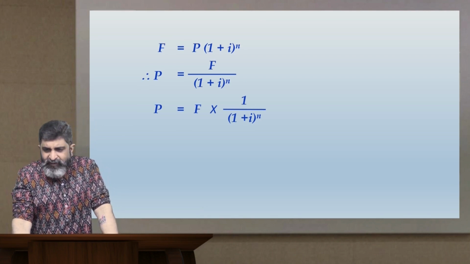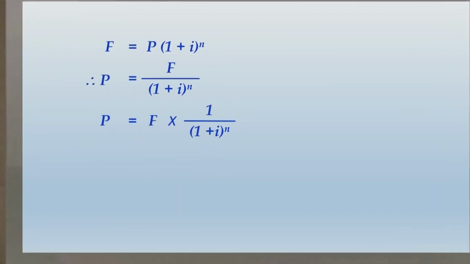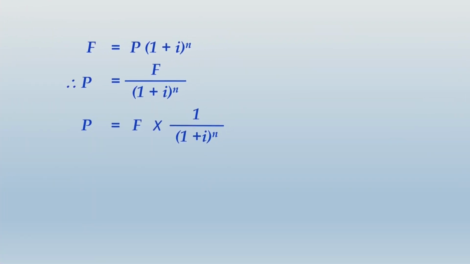So just use your simple common sense and tell me, when we write something like 1 upon (1 plus I) raised to n, if I have to rewrite this in a different form, I can simply write this as (1 plus I) raised to minus n, and therefore F into 1 upon (1 plus I) raised to n can be written as F into (1 plus I) raised to minus n.